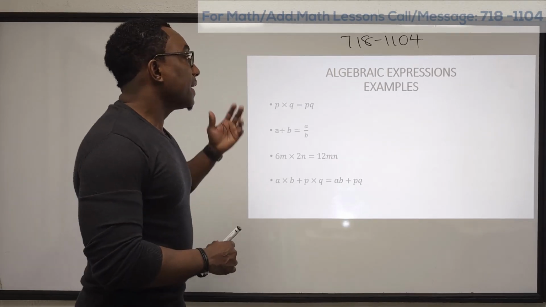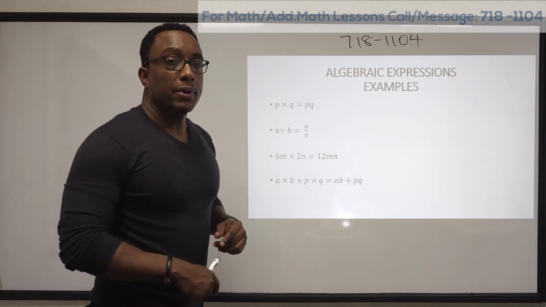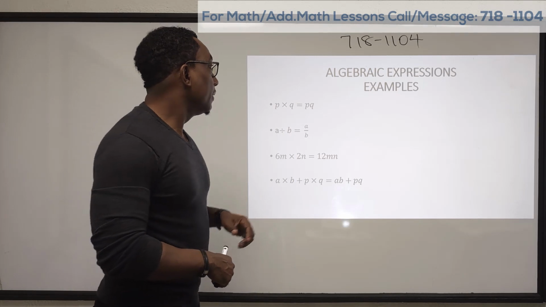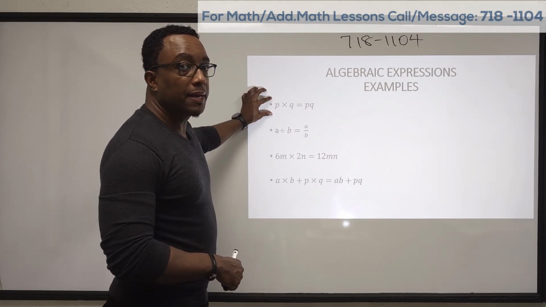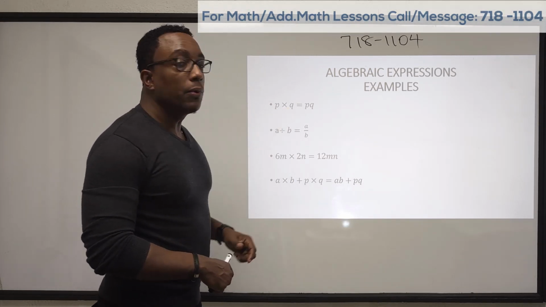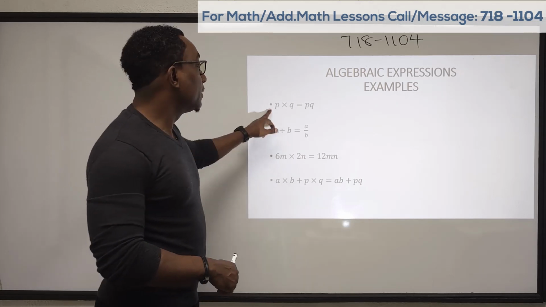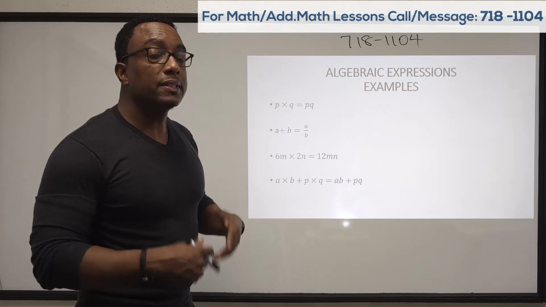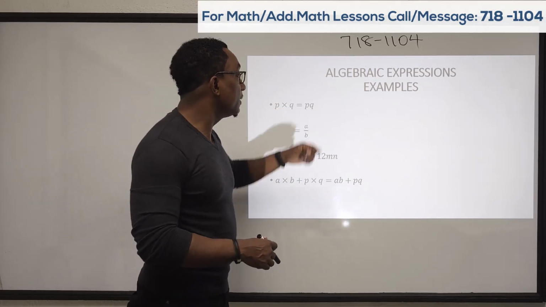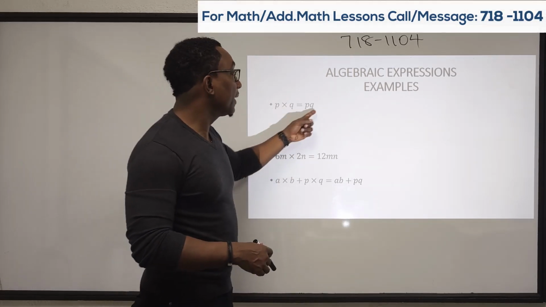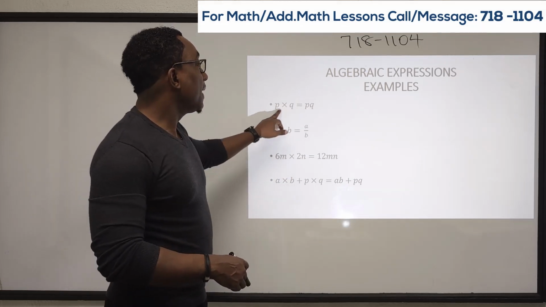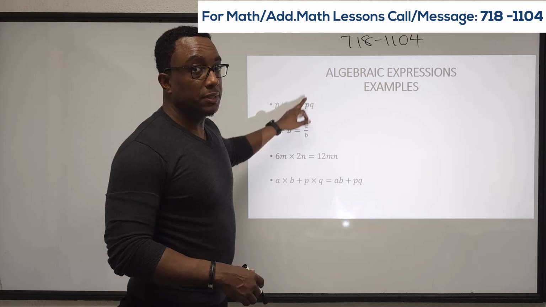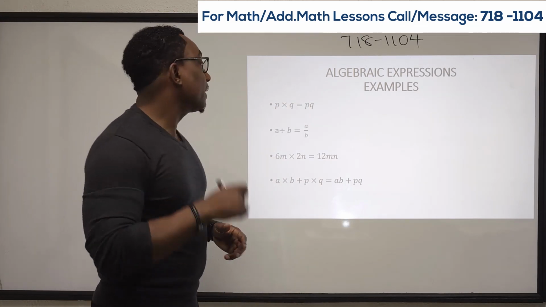So an example of an algebraic expression where multiplication and division is involved, if we have P multiplied by Q. Now P and Q are quantities, so we're multiplying two quantities here, but PQ represents your term, or hence your algebraic expression.